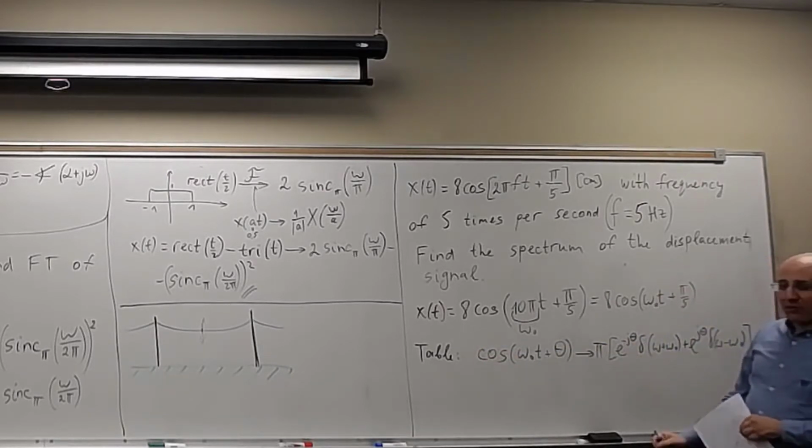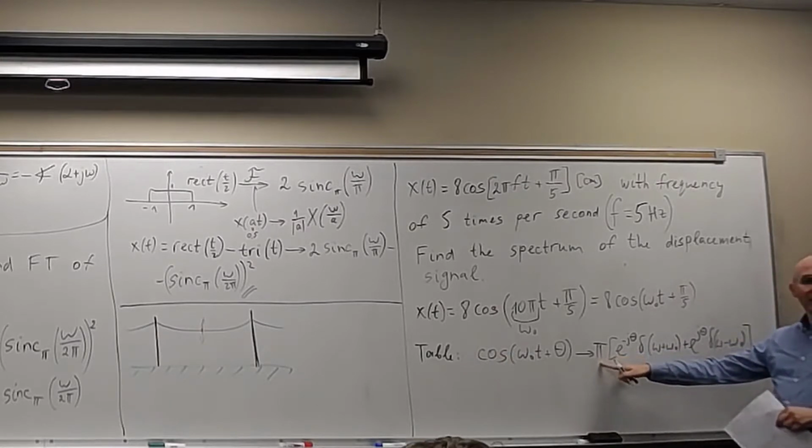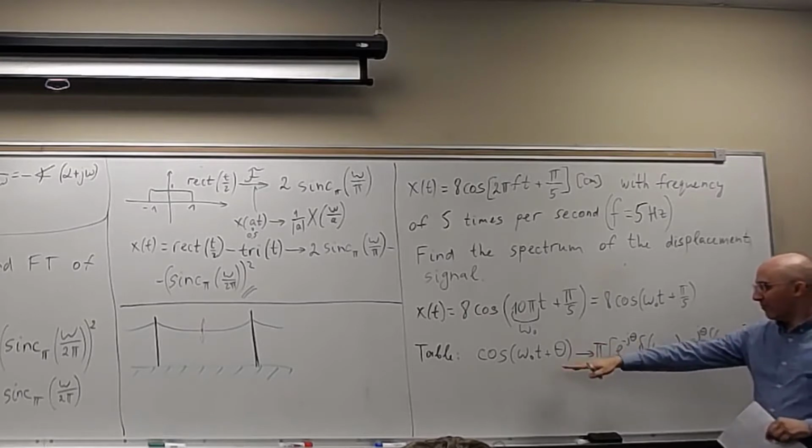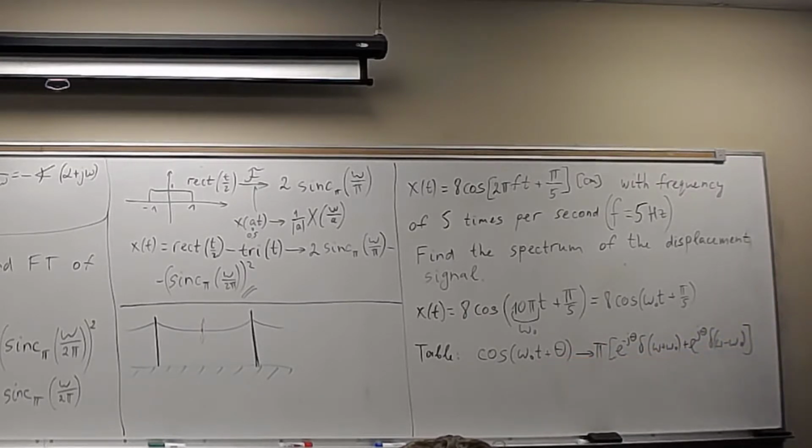So from the table, you just multiply this one by 8, and then this should be multiplied by 8 because of the linearity property, right? If you multiply that one by a gain, here you need to multiply by the same gain. You just multiply the whole equation.